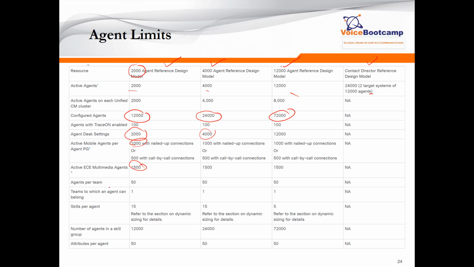Number of agents per team is 50 agents per team throughout the design guide. Teams to which an agent belongs, pretty much one. An agent can belong to only one team at a time.